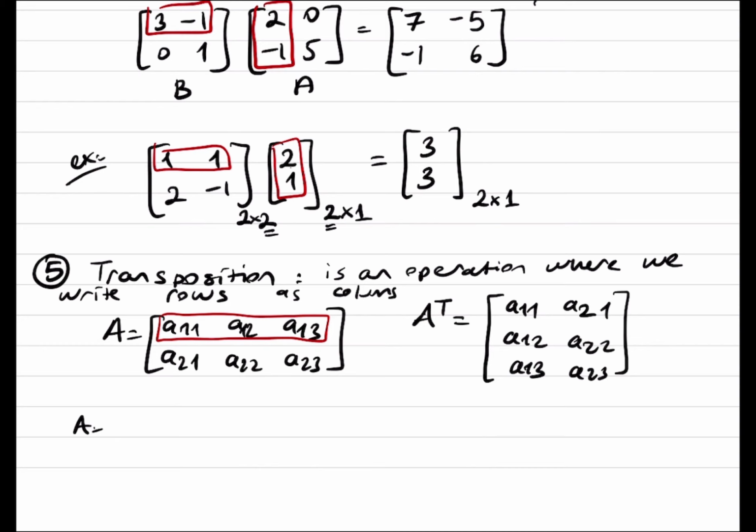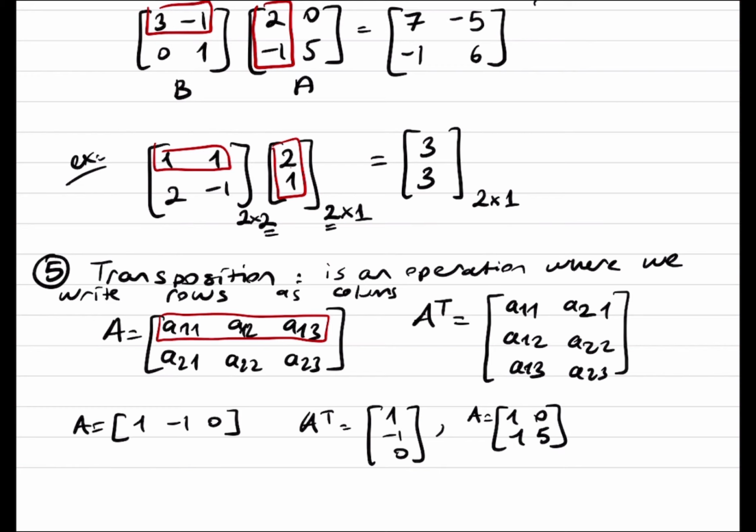If you have, let's say, 1, minus 1, 0, then its transpose is going to be 1, minus 1, 0 as a column. Or let's say you have A equal to 1, 0, 1, 5, then its transpose is going to be 1, 0. I write the row as the column, and 1, 5. Is it equal to its transpose? No, A is not equal to its transpose because we have 0 and 1 here.